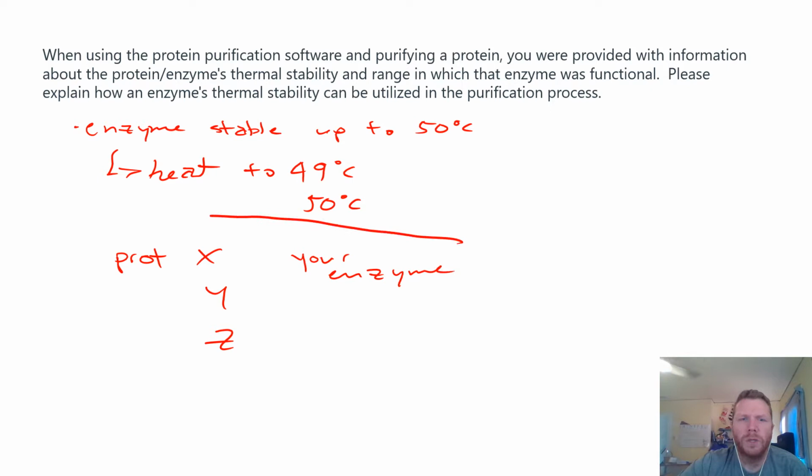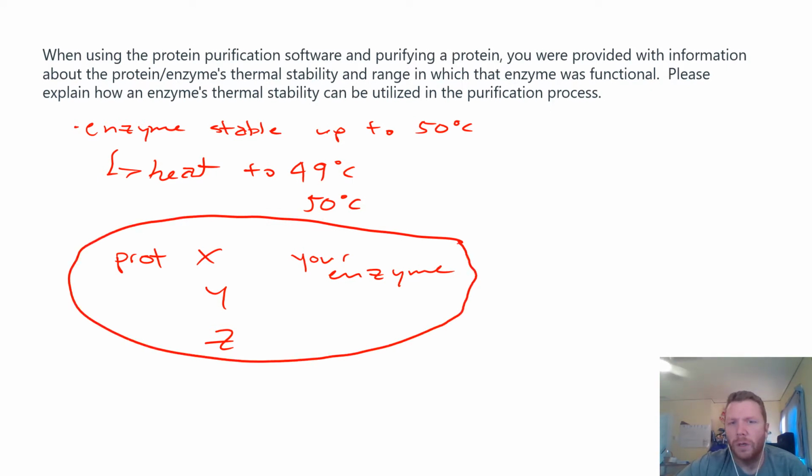If you have this mixture of these four proteins and your enzyme is good up to 50 degrees Celsius, and let's say protein X, and these are all just variable placeholders, is stable up to 40 degrees Celsius, Y is 90 degrees Celsius, and Z is 45 degrees Celsius. If you heat this sample up to 50 degrees Celsius, what's going to happen to protein X? It's going to be destabilized. So you've effectively kind of killed it off.